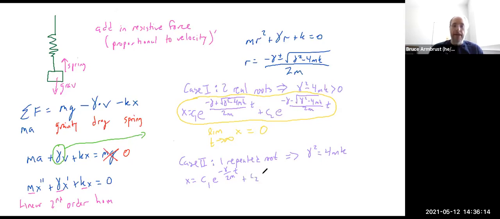And then the other piece gets a t times e to the minus gamma over 2m t.